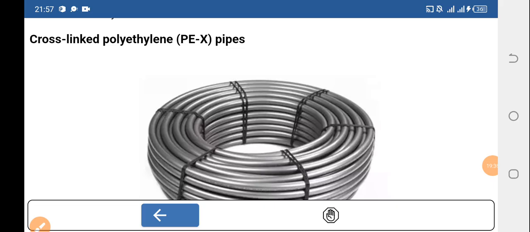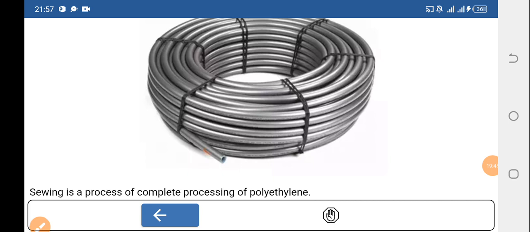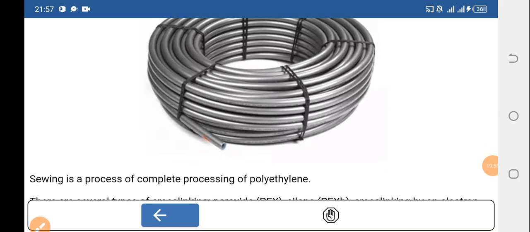So PEX is a pipe which is linked with various materials. Inside of this pipe it may contain copper, aluminum, plastic, maybe about 5 materials in one, but the outside looks like plastic, but it's a poly.